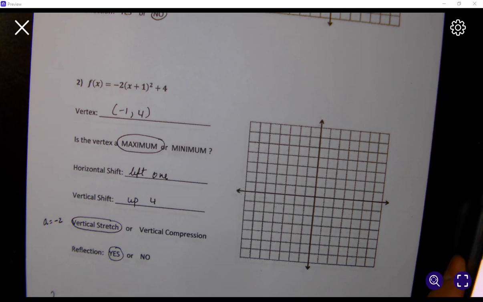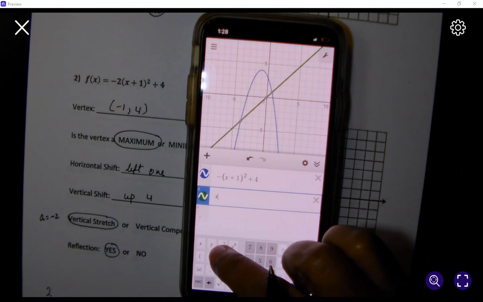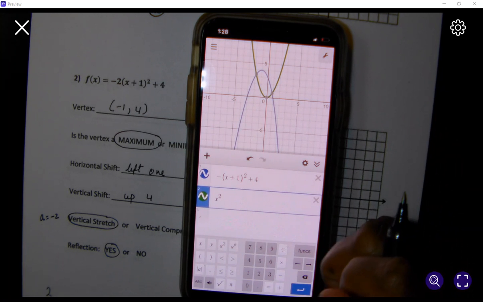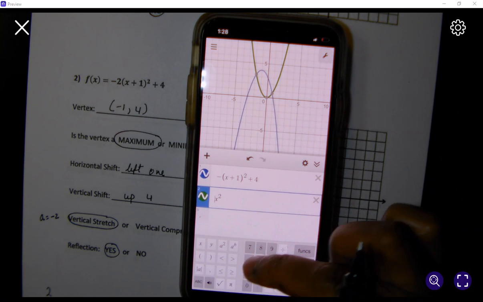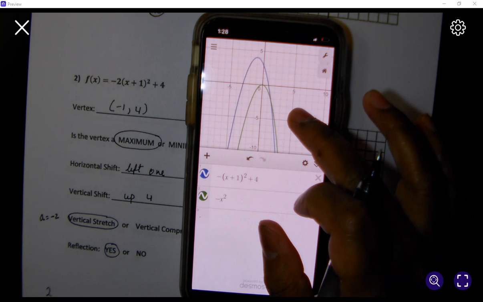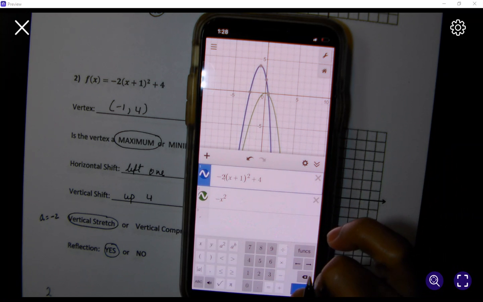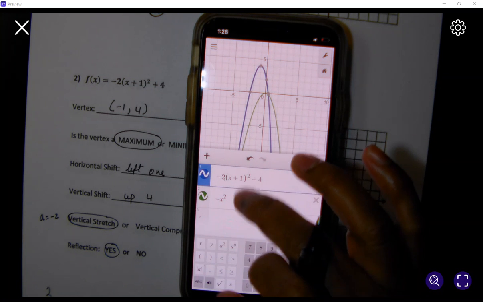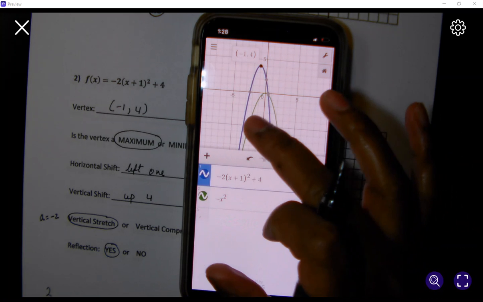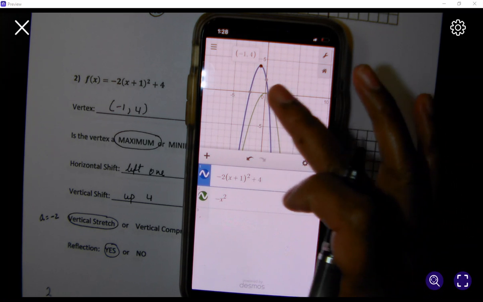Okay? And if you want to see it compared to the parent graph, it looks like that, x squared, but it's kind of hard to tell, so let me turn it into an upside down, and then it's still kind of hard to tell, oh sorry, there's a 2 here. Okay, it didn't change the vertex, but if you notice, it's skinnier than the parent graph.